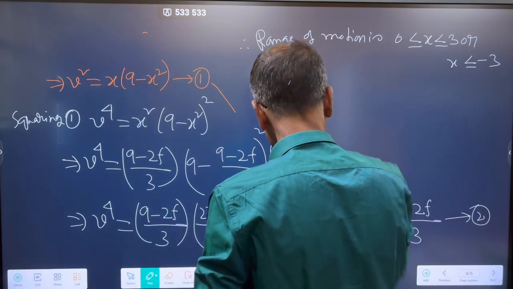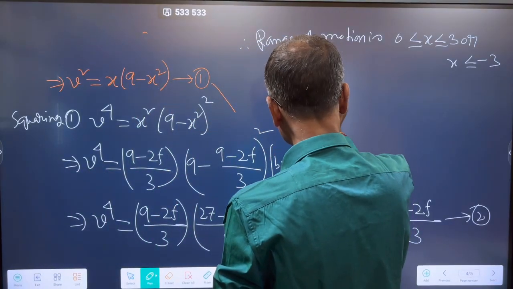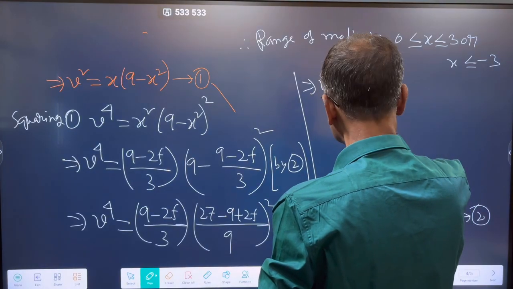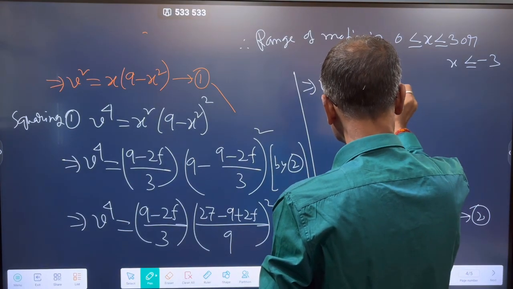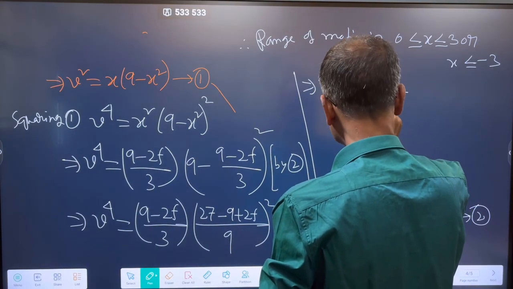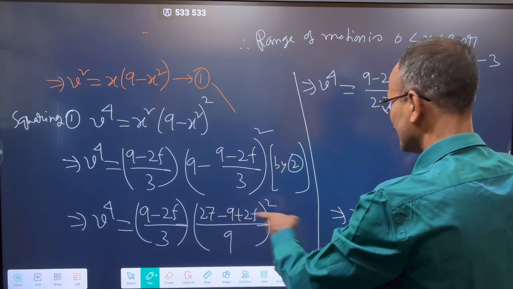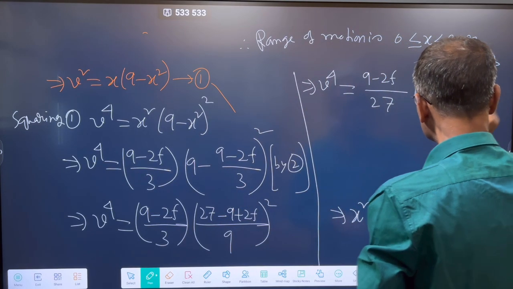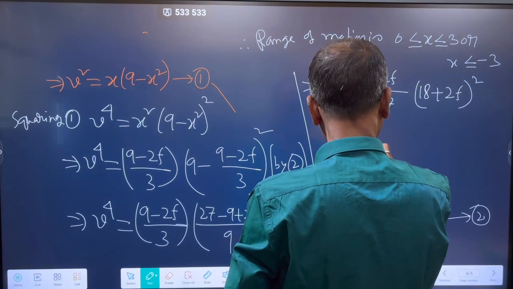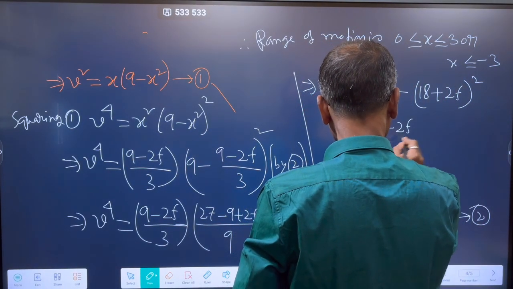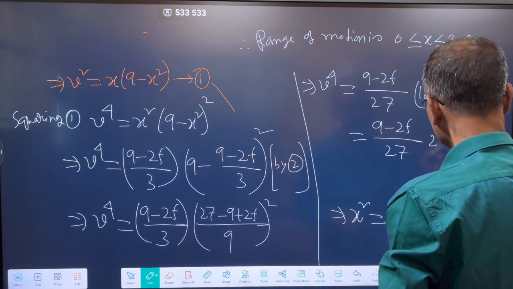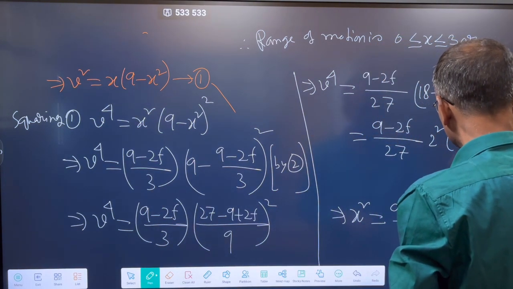This means v to the power 4 equals 9 minus twice f divided by 27 into 18 plus twice f whole square. Or 9 minus twice f divided by 27 into 4 into 9 plus f whole square.